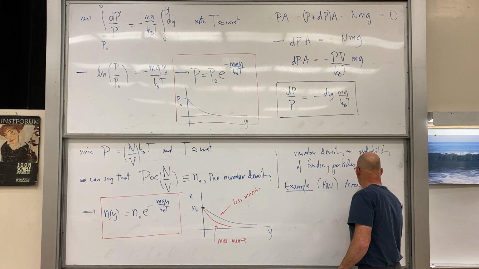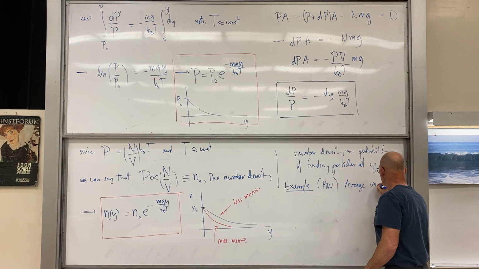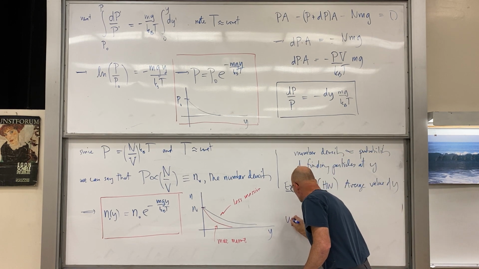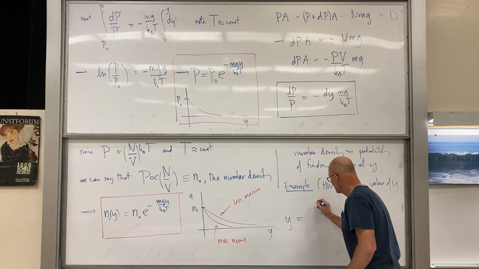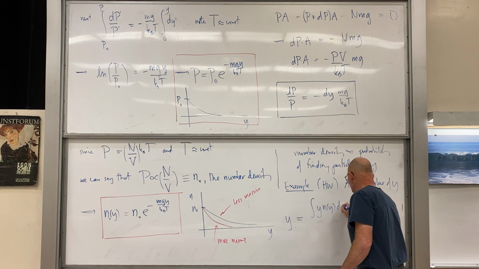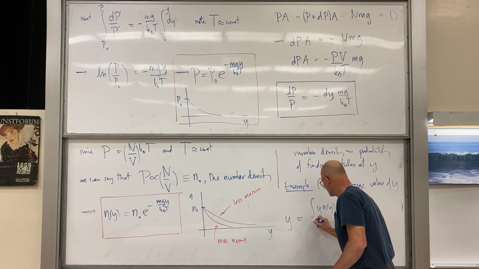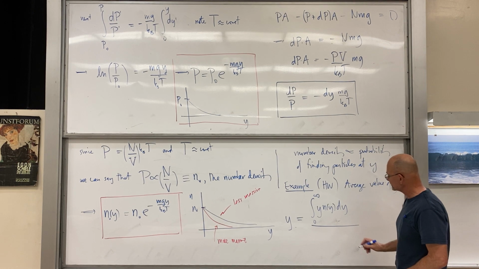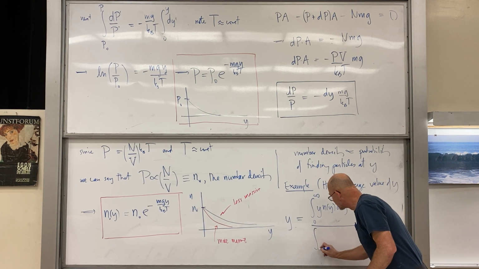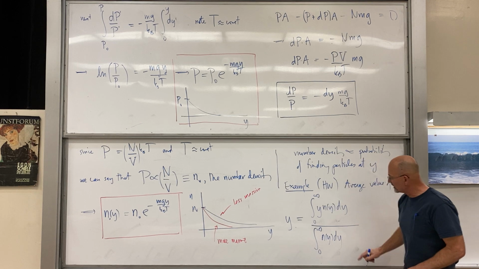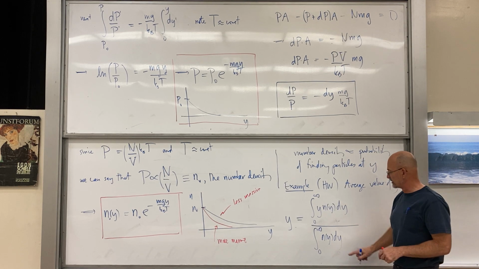Average value of y. So y average is going to be the integral of y times n of y dy from 0 to infinity, normalized by the total n of y dy, since we didn't normalize n of y to anything in particular.